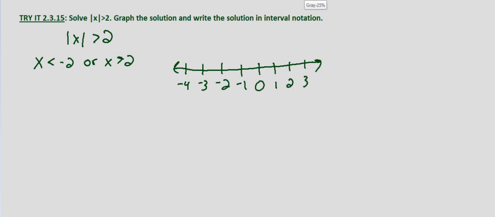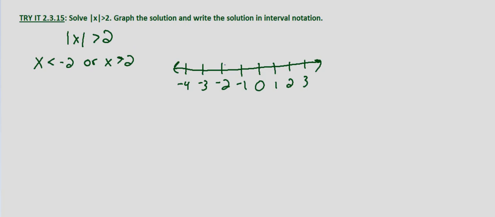And you could go through the process of graphing each individual one and then combining the graphs as we did when we first went over this, but you should be well versed enough in graphing simple inequalities now that you know that with the or we can just do each one on the same number line.